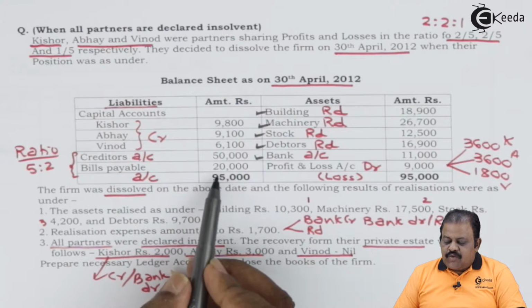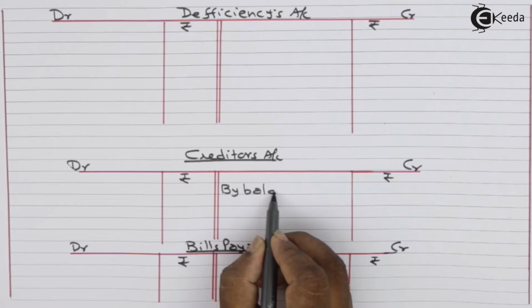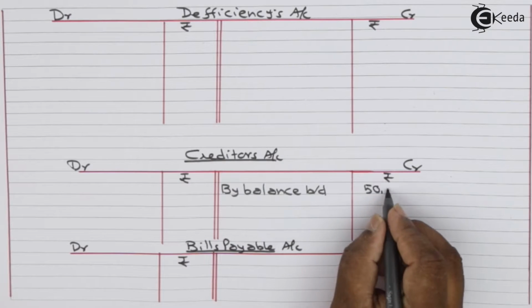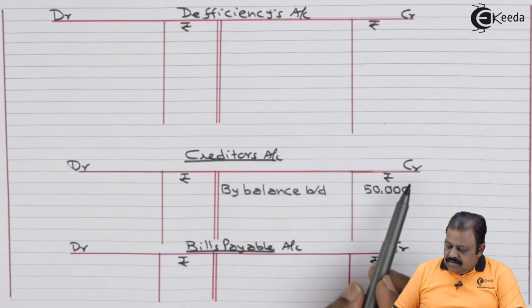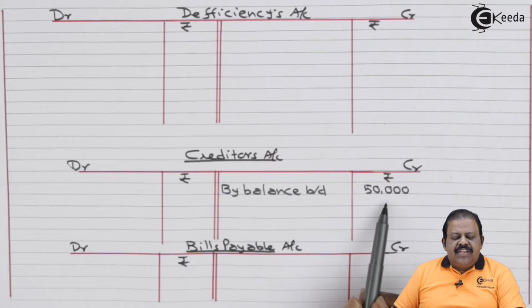Bills payable will be transferred to bills payable account, which are separately opened. Creditors account credit side by balance brought down 50,000.